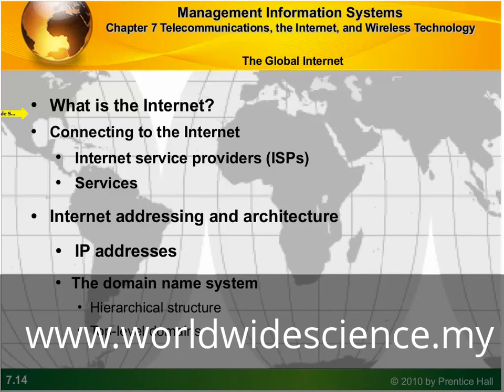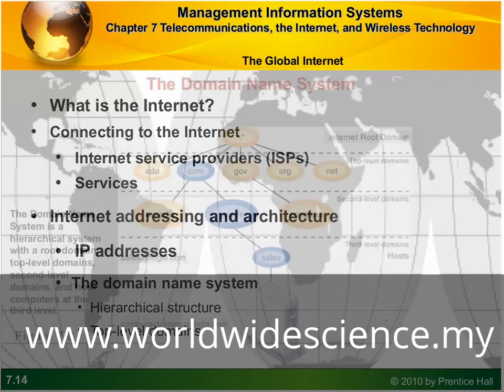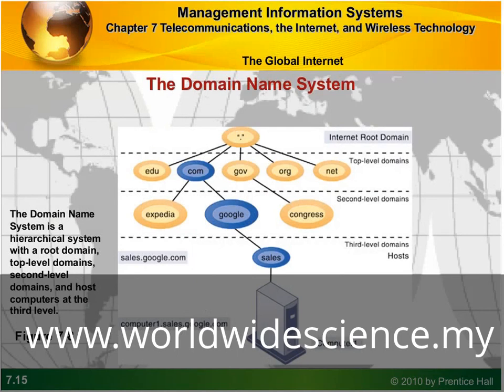It's a sort of hierarchical structure with top level domains. You can see it here in this slide. Starting from the root, the top level domains are, for example, .edu, .com, .gov, .org, and .net. At the lower level, the second level domain, we can have Expedia, Google, Congress, and in the third level we have some department of that company or website, for example sales.google.com.